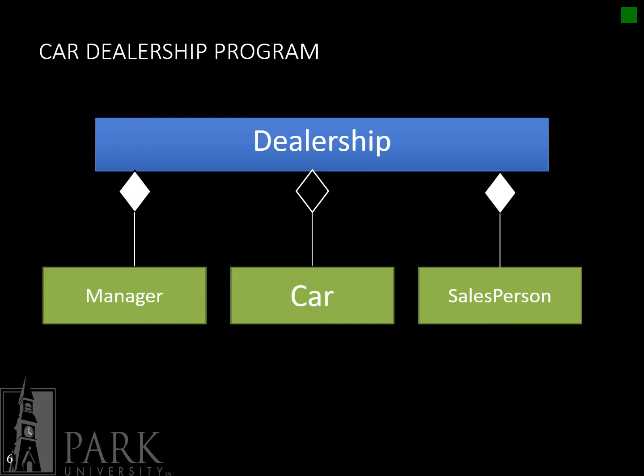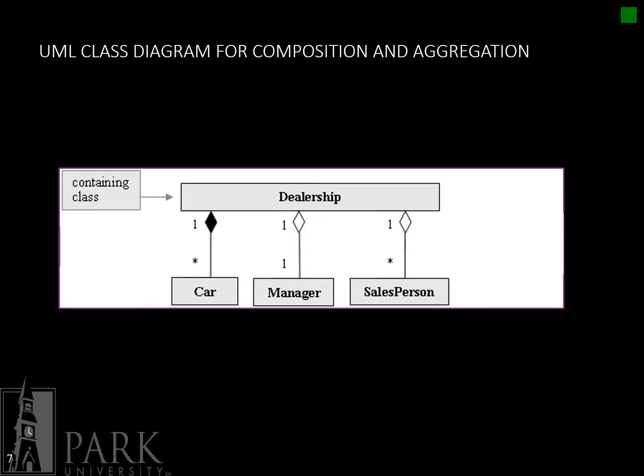So let's take a closer look at the UML on the next slide. UML, or Unified Modeling Language, class diagrams show the relationships between a program's classes. A solid line between 2 classes represents an association, or in other words, a relationship between those 2 classes.